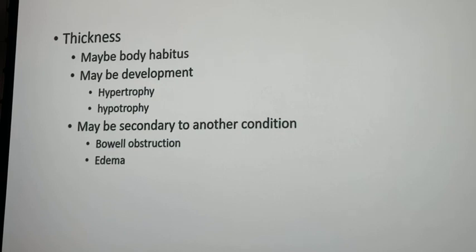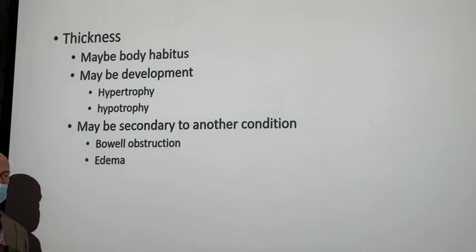So thickness may be because of body habitus, it may be because of development, and I've been through this in one of the videos, but this is kind of the tie-up to it, so we're going back through it. But you've got hypertrophy and you've got hypotrophy. All right, so hypertrophy is development in response to a stimulus.